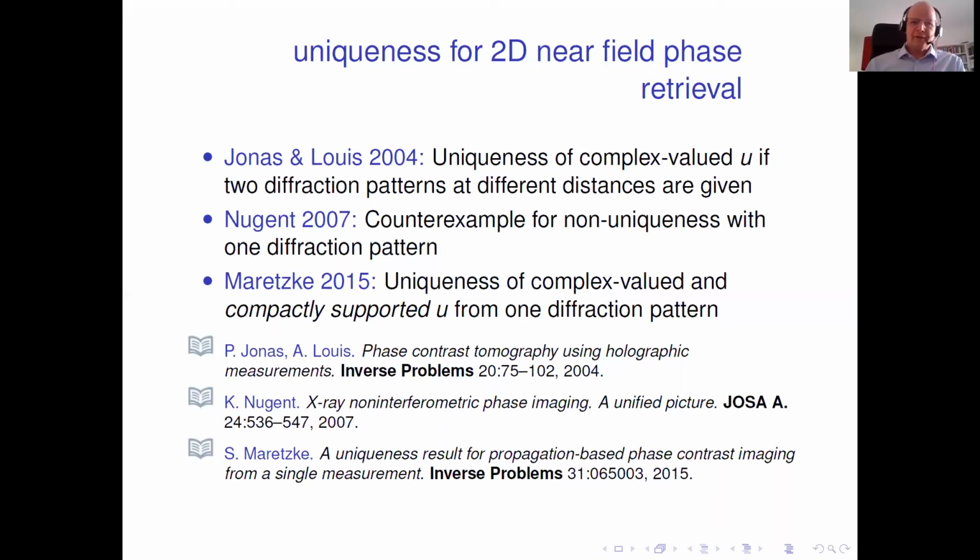It was believed for some time that with one diffraction pattern it's not possible to uniquely recover a complex valued exit wave. And there was also some counterexample, but then Simon Maretzke could show that if you have compact support of the exit wave, which is a reasonable assumption in many cases, then one diffraction pattern suffices.